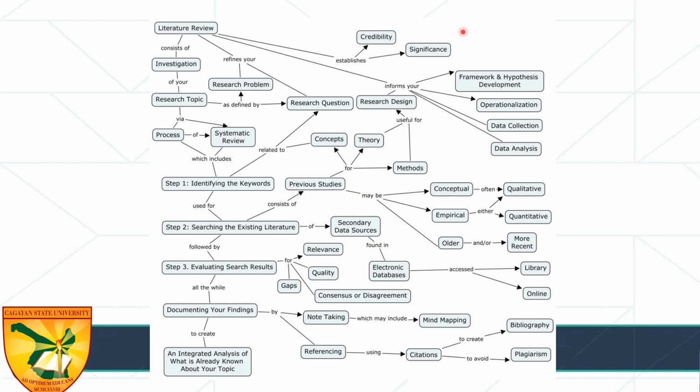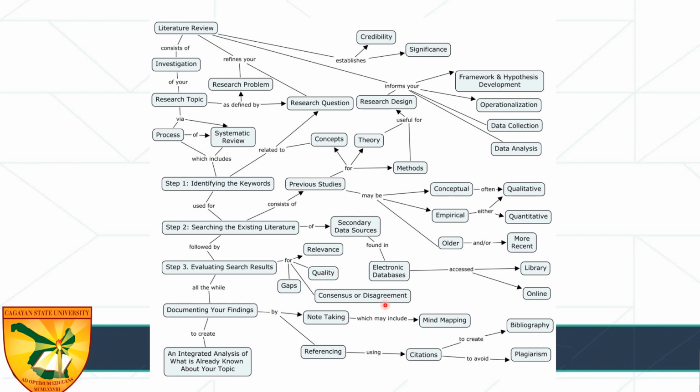And in those previous studies, it will help you to become more familiar with various research methods used in similar studies, and it will also provide you with arguments for why your particular research project is needed.